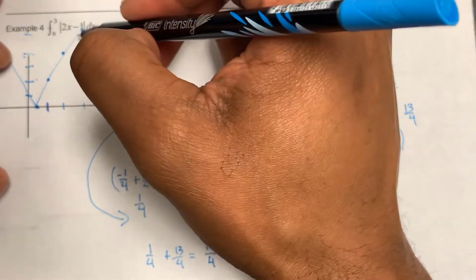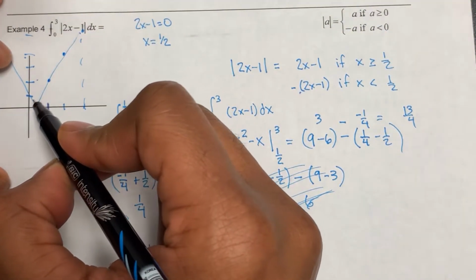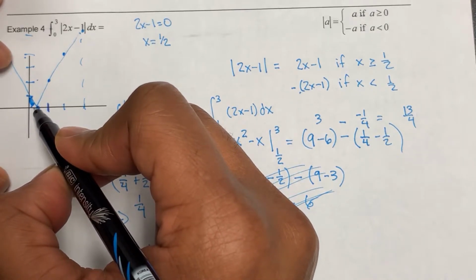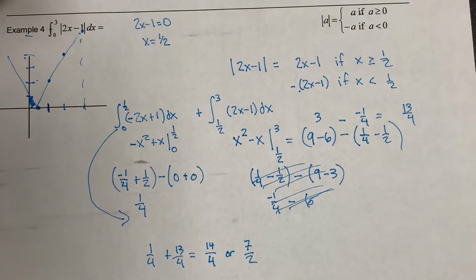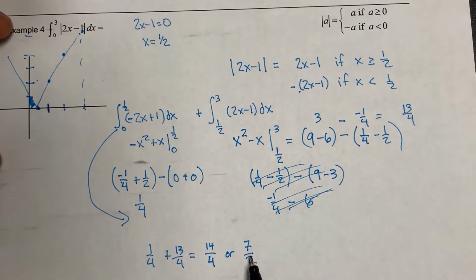So really, it's the area of two triangles. The area of this first triangle is 1/2 base times height. The area of the second triangle is also 1/2 base times height. If you just did geometry, you get the same answer.